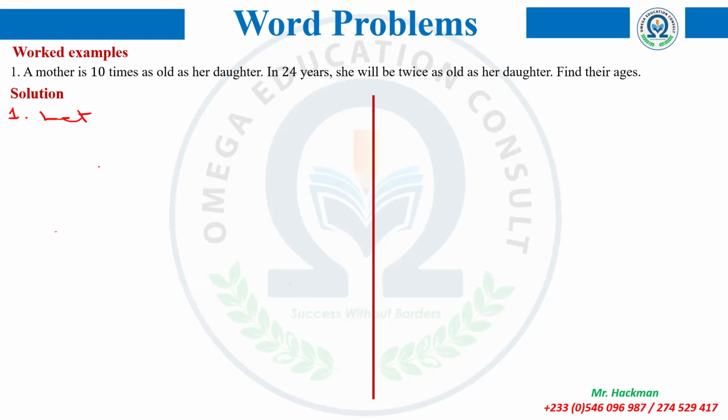So I'll write: daughter's age be equal to X. This implies that the mother's age will be equal to, since we are told that the mother is 10 times as old, 10 times X. Is that clear? Yes, please. So that will be the present ages.